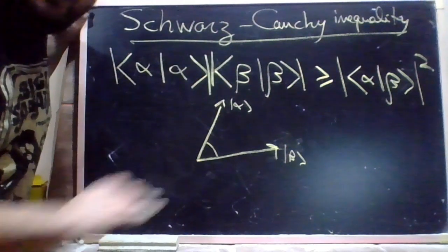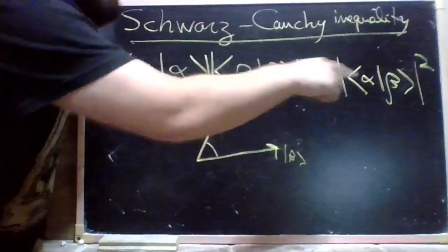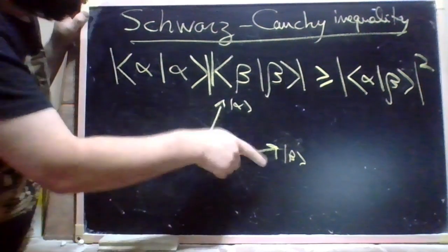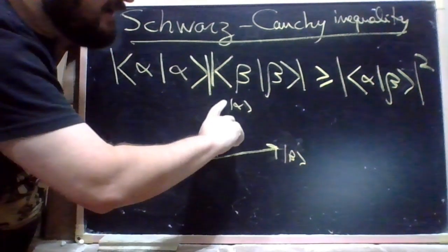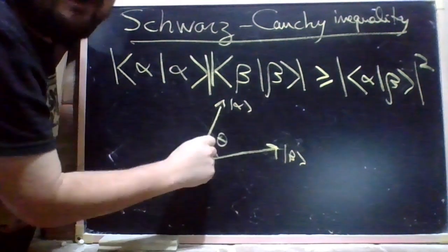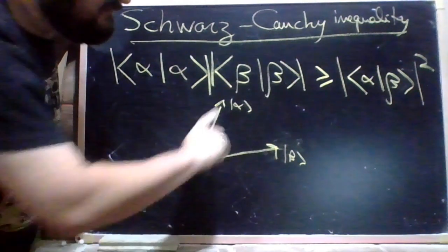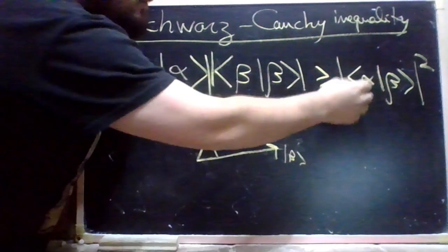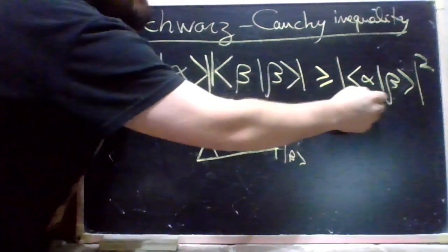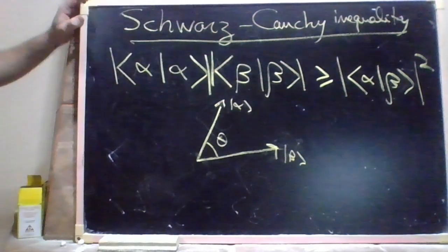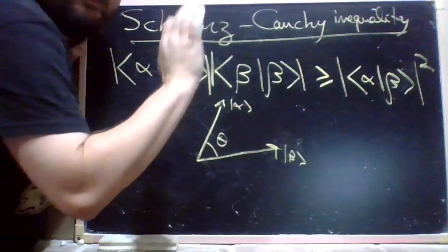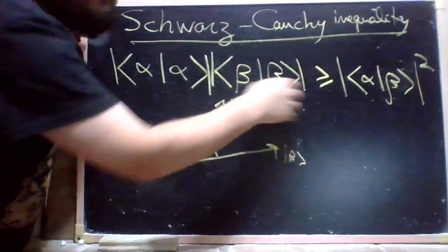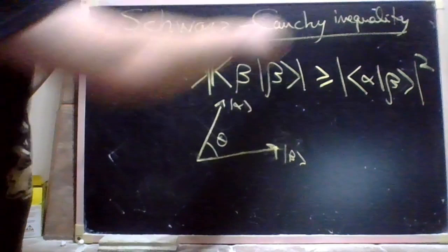But consider real vectors for the sake of simplicity. The inequality is valid for complex vectors also. So if you put an angle theta between these two objects, of course the projection of one into the other will be less than the projection of a vector with itself. So the squared value of the projection of one vector into the other is always less or at maximum equal to the projection of vectors with themselves. All right? This is very important, Schwarz inequality.